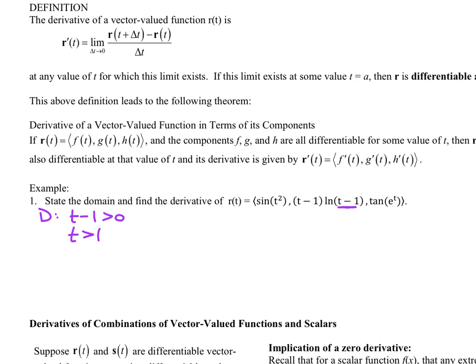Right? But the tangent is sine over cosine, so sine of e to the t over cosine of e to the t. Right? It's a fraction. So that means I can't have 0 in the bottom of the fraction. Cosine of e to the t cannot be equal to 0.